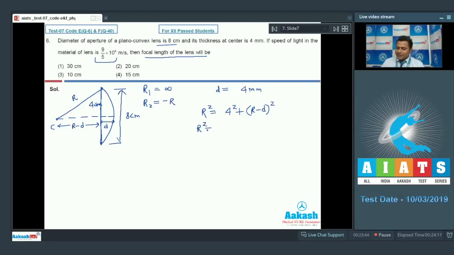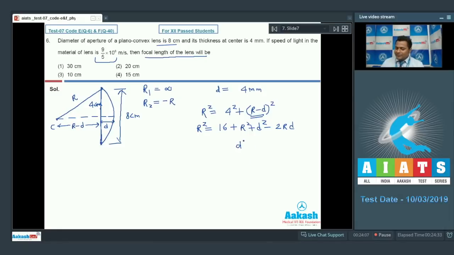Opening the bracket, r square plus 4 square, that is 16, plus opening this, r square plus d square minus 2r into d. D, that is 4 mm, is a very small value as compared to other terms. So its square will be very much smaller.